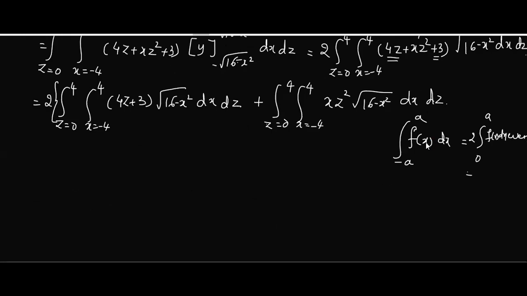What do you do if the function is odd? 0. Directly you write it as 0. How do I check even and odd nature? In the function, replace x by minus x. If you get it as minus f of x, it is odd. If you get it as plus f of x, it is even. Am I right?